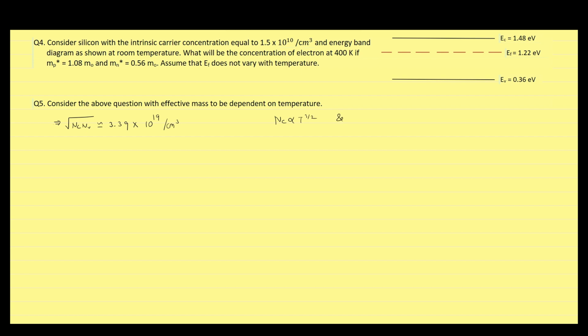Also, Nc is directly proportional to the effective mass of electron raised to the power 3/2. Similarly, Nv is directly proportional to temperature raised to the power 3/2, and Nv is also proportional to the effective mass of hole raised to the power 3/2.